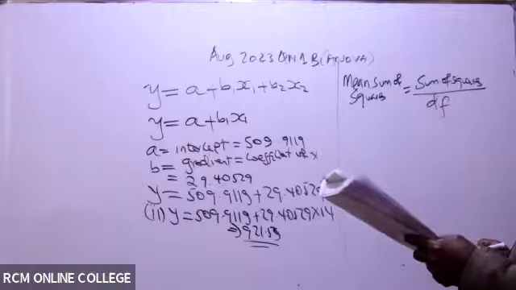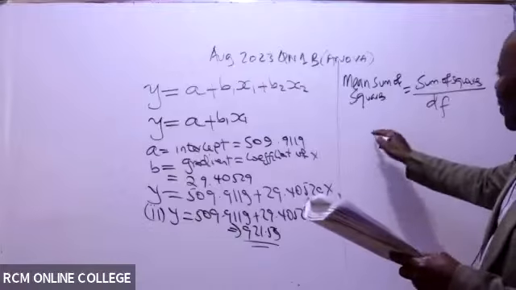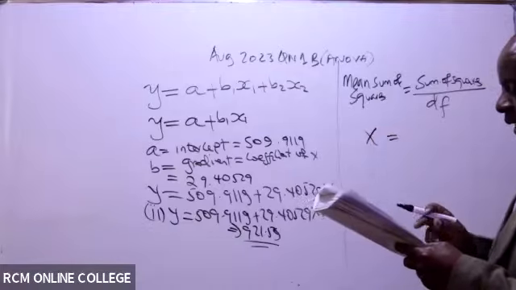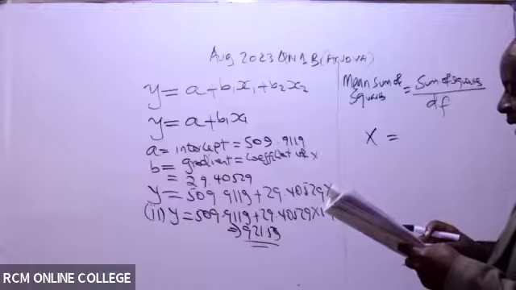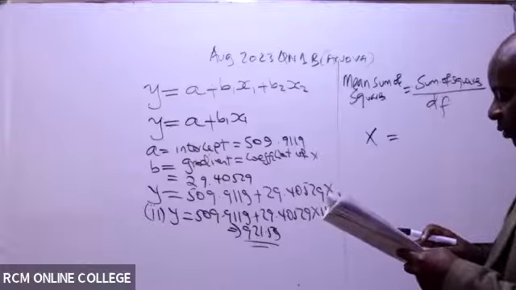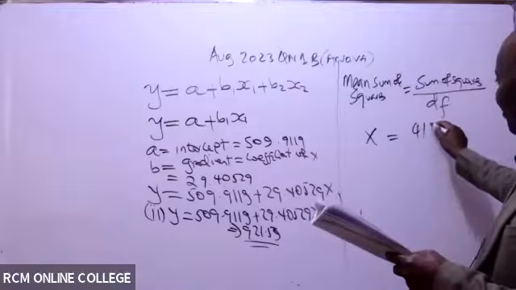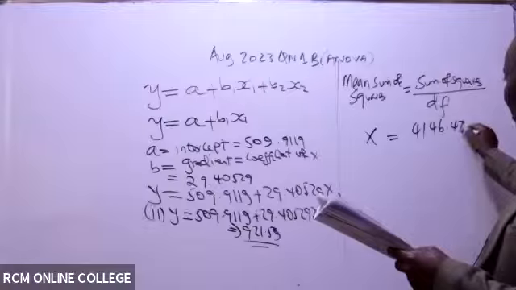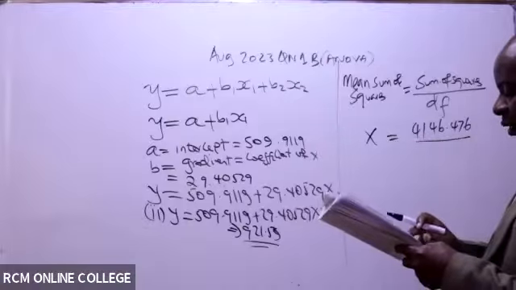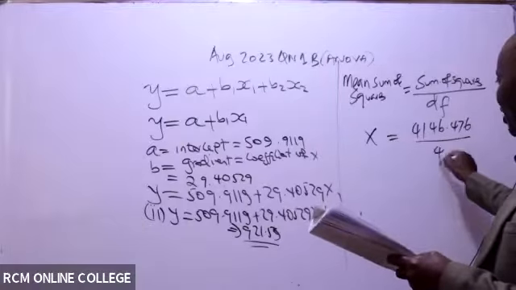So then under x, which is the mean sum of squares, the sum of squares given there is 46.476 divided by degrees of freedom, which are 4, like that.